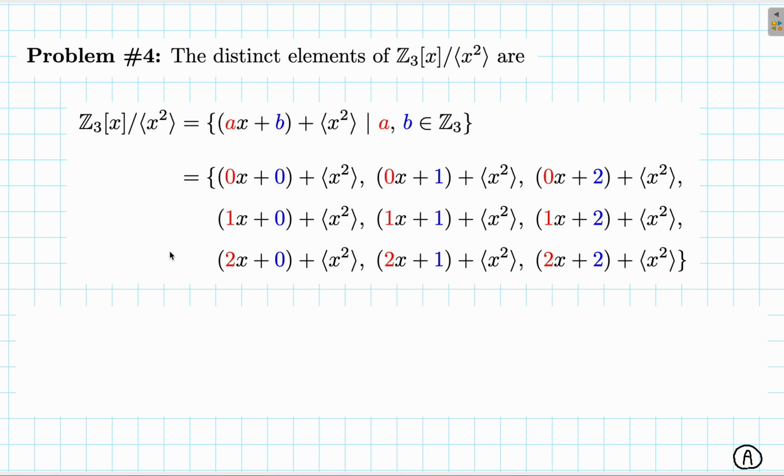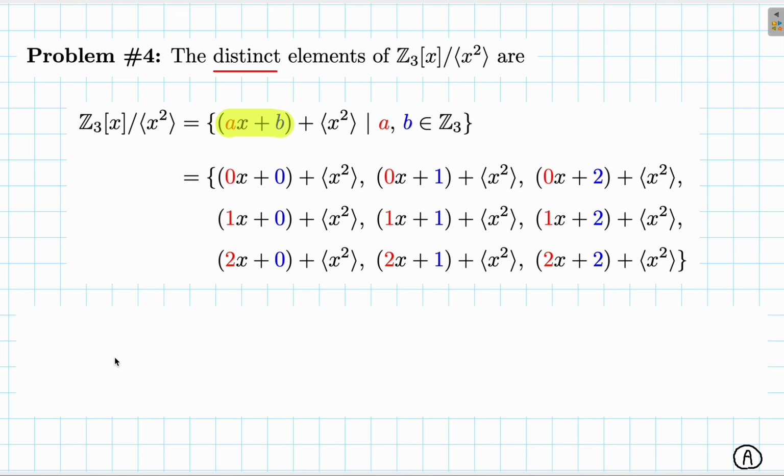Let's return to problem 4, where we claimed that these 9 reduced cosets are distinct from each other. Note that these coset representatives are of the form ax plus b with degree at most 1.